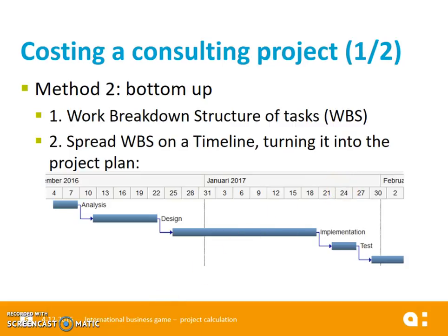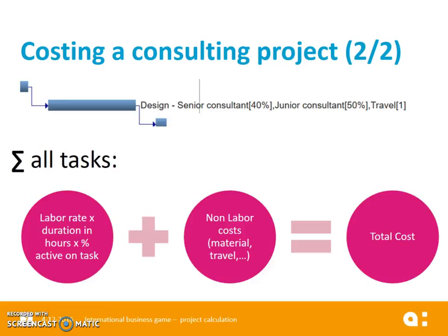How does this help you to discover the cost? Well, what you now should do is take each task, it has a certain duration, discover which profiles of people you need, what is their salary rate to fulfill this particular task.